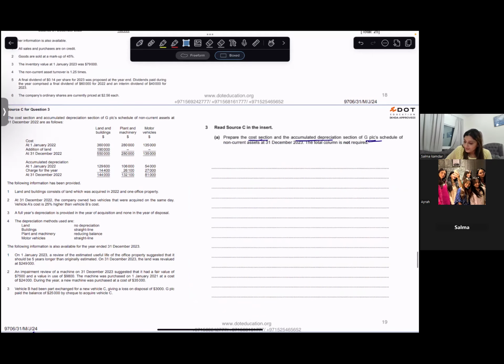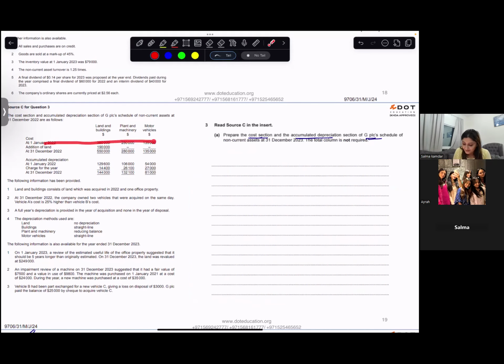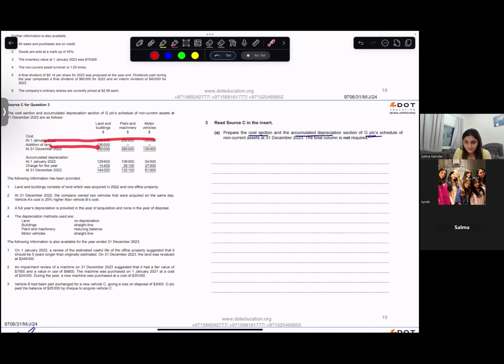They have already given us an example, where the opening balance is given to you. Can you see this? They have an opening balance, additions to land, and the closing balance.